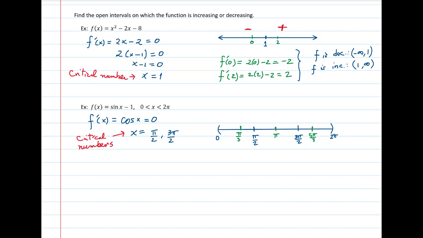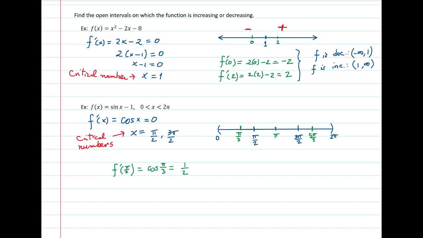Then in the second interval, I'm picking pi, and then 5 pi thirds on our third interval. So these 3 test values, I'm going to plug into our derivative to figure out the sign. Remember, we're using the theorem from before, where if the derivative is negative, the function is decreasing. If the derivative is positive, the function is increasing.